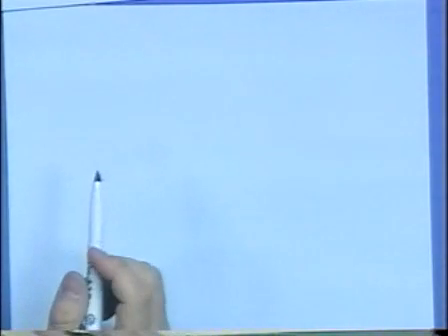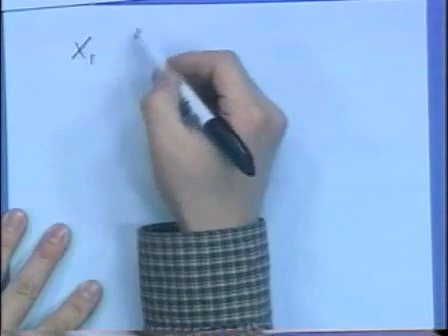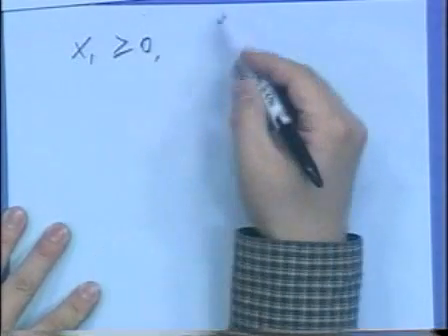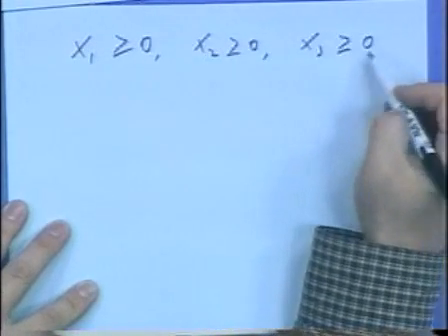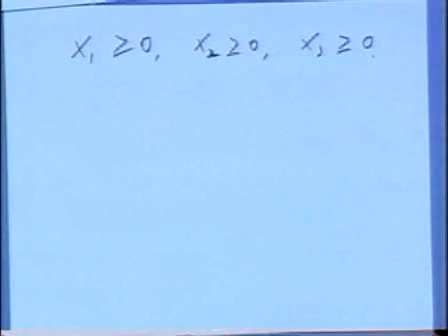And the last restriction would be the sign restriction, because each ingredient included in the mixture cannot be negative. So x1 is greater than or equal to 0, x2 is greater than or equal to 0, and x3 is greater than or equal to 0.